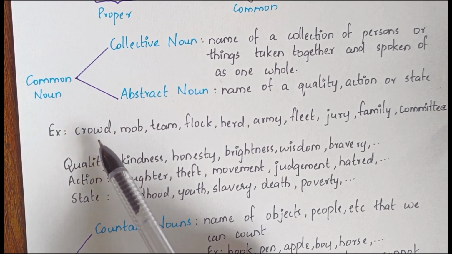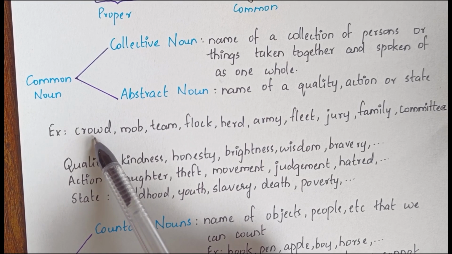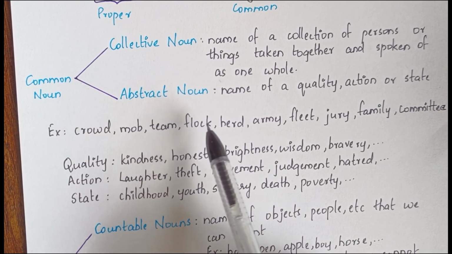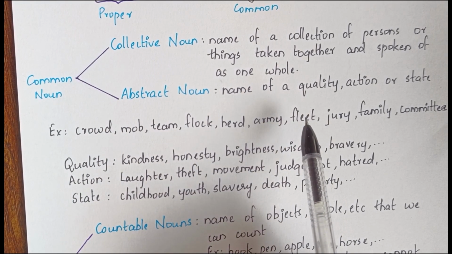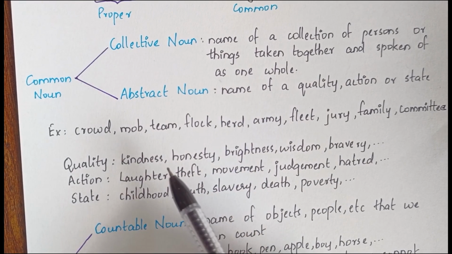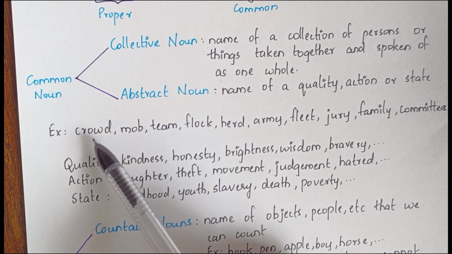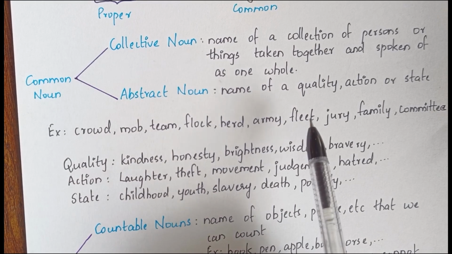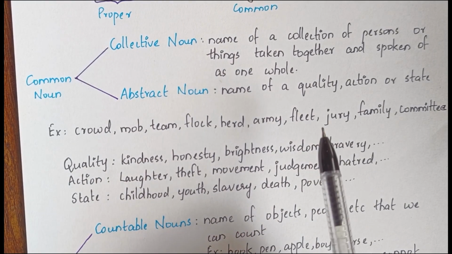Actually, crowd is a collection of people and fleet is a collection of ships, etc. So when we talk about a collection of persons or a collection of things taken together and it is spoken of as one whole, then it is a collective noun.